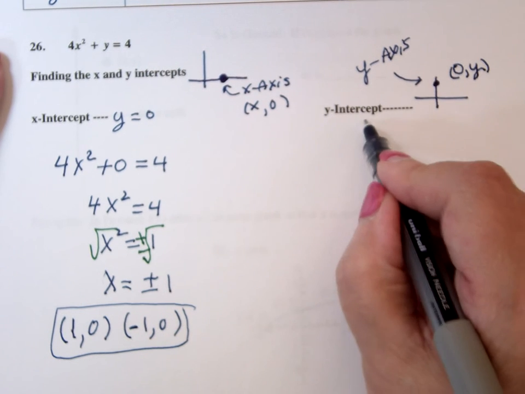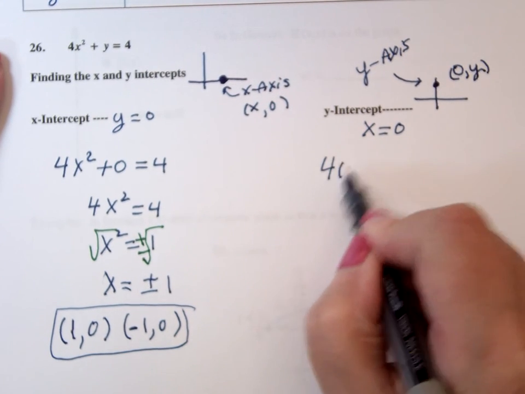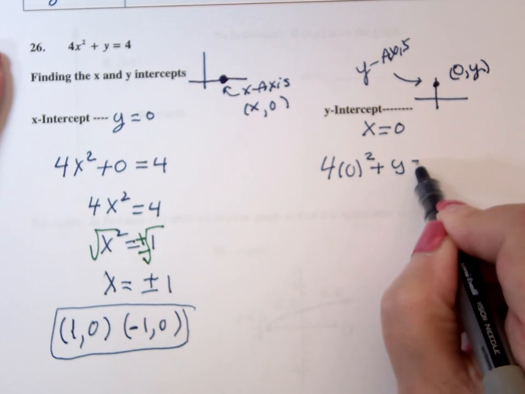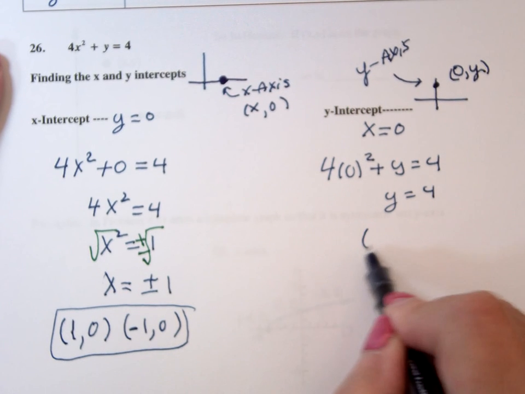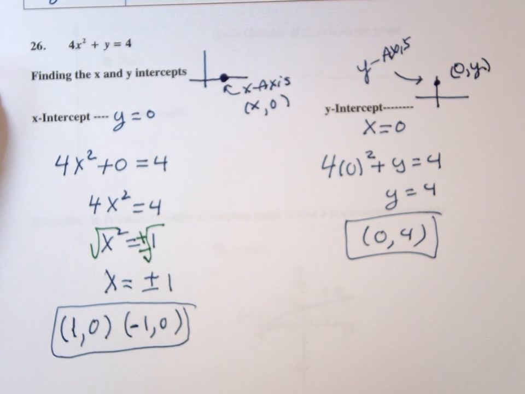So that means I set x equal to 0. So that gives me 4 times 0 squared plus y equals 4, or y equals 4. So it's 0, 4. X and y intercepts.